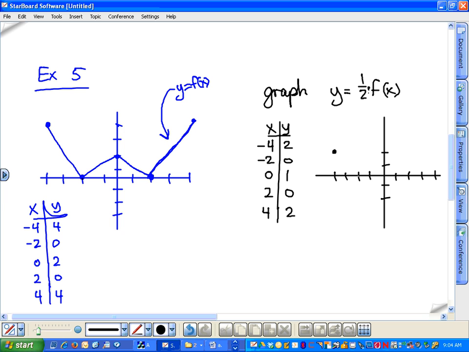We have -2, 0, 0, 1, 2, 0, and 4, 2. Okay, compare the one in blue to the one in black. Is this one in black a vertical compression from the original function? Yeah.